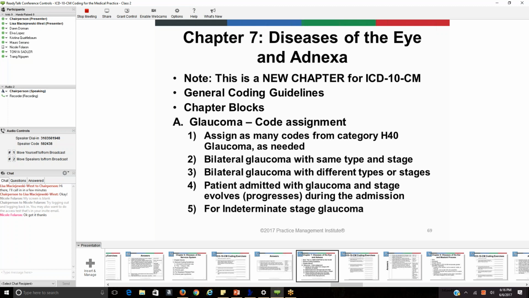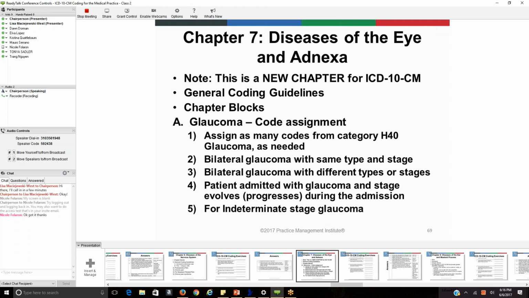Glaucoma does have some very chapter-specific coding, so if you look on page 54, when you're assigning the code for glaucoma, you would assign as many codes from category H40, glaucoma, as needed to identify the type of glaucoma, the affected eye, and the stage of glaucoma.